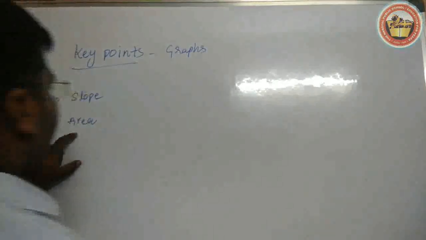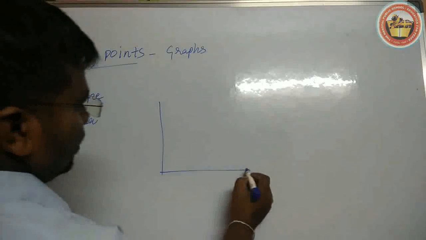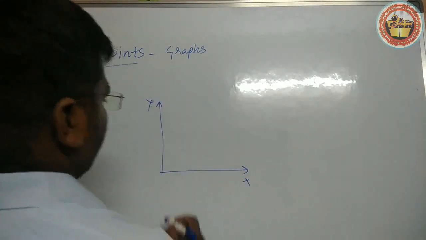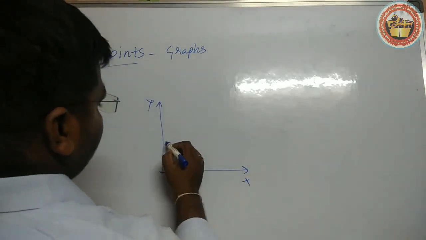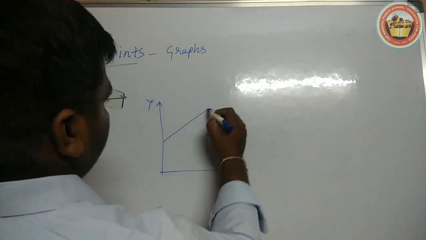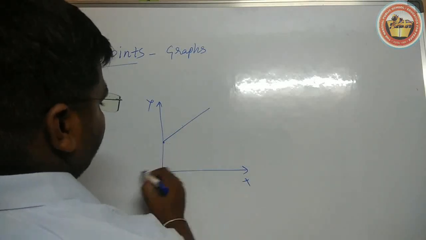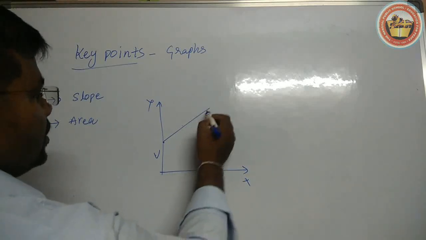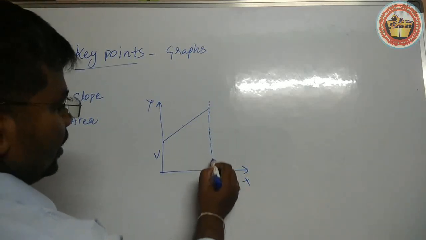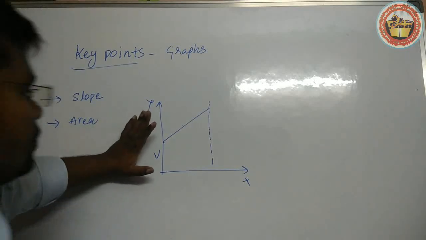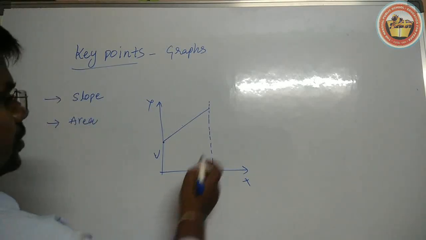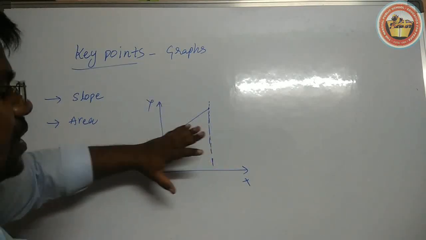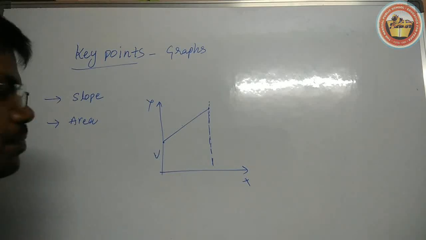Coming to area. Consider a graph with x and y axes. Suppose the graph looks like this, and consider one example, v. In this graph, how can we find the area? For this type of graph, we arrange the graph into particular shapes.